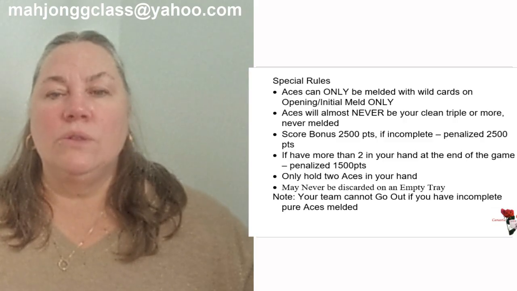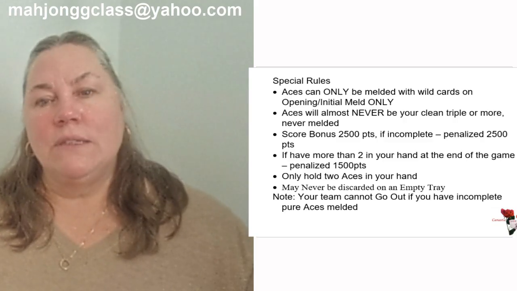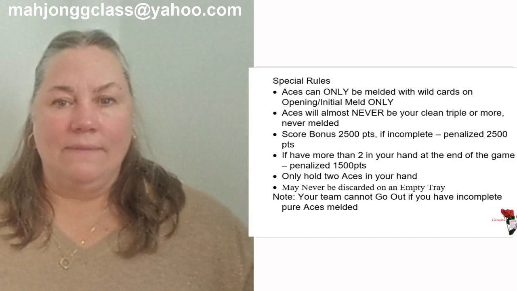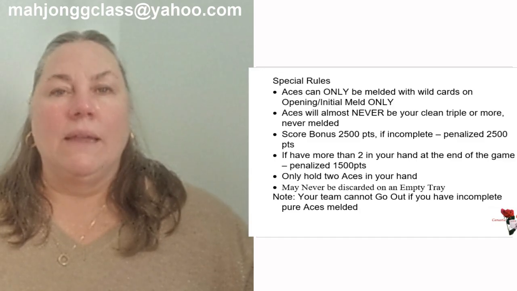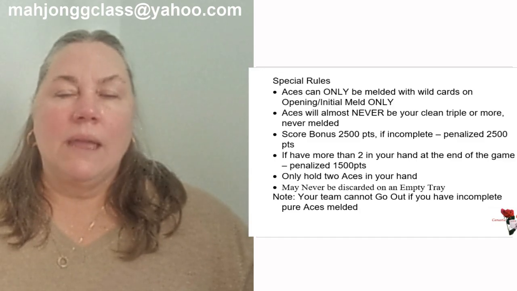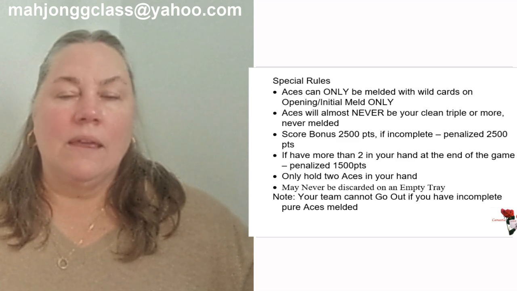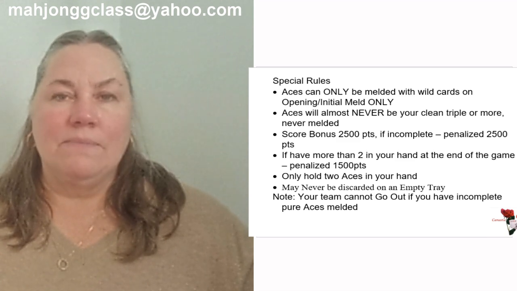You want to only hold 2 in your hand, and you may never discard on an empty tray. Reminder, your team cannot go out of the game if you have incomplete pure aces melded.